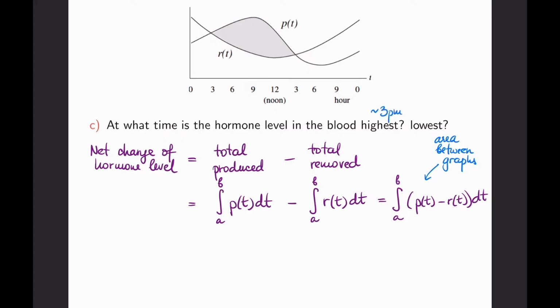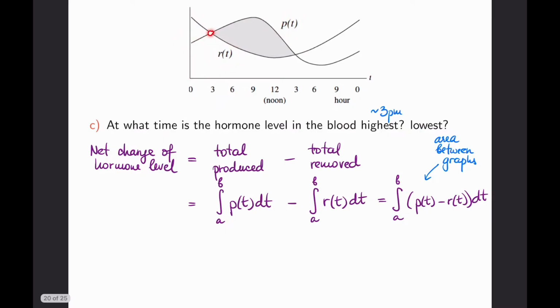What about the lowest? So now I'm interested in when the area covered altogether is the lowest, let's say starting from 0 all the way down. Well, if I start from 0, the first thing that happens is the area covered here, except, see, the top graph here is the removal graph, and the bottom graph here is the production graph, which means that this area will actually be negative.